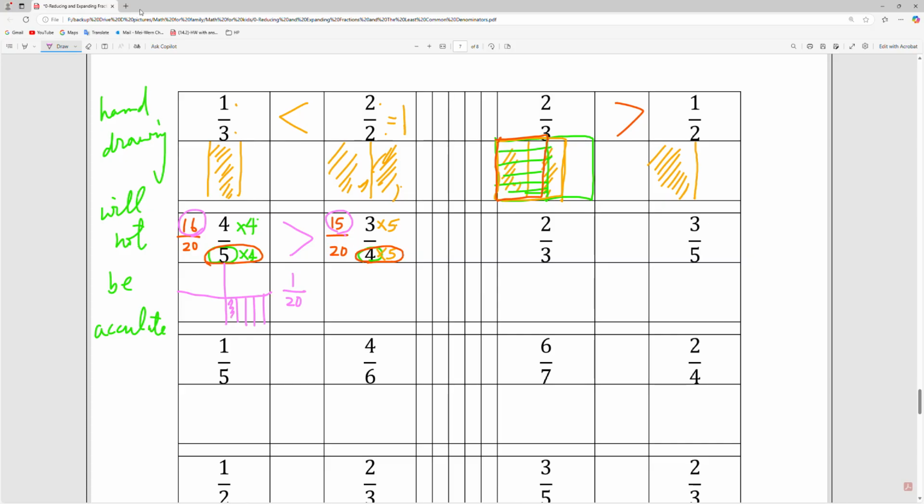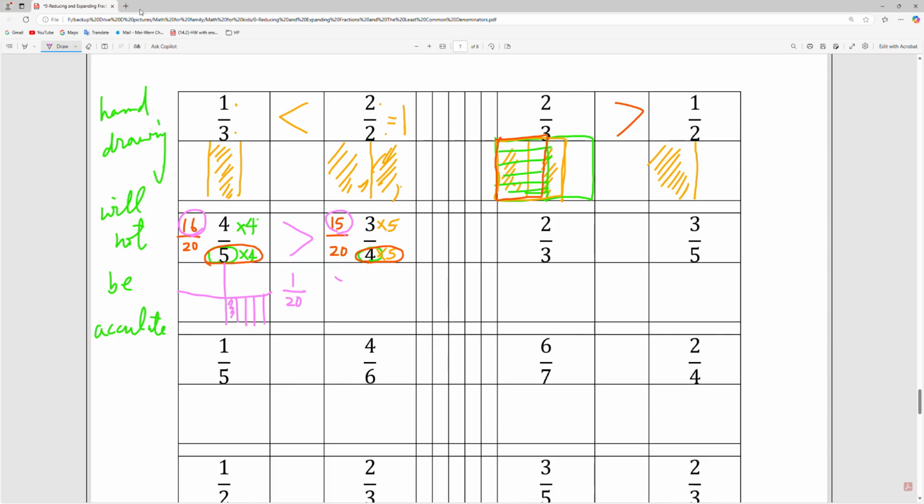And by our human drawing, you won't see the difference. They almost squeezed together. They're almost the same.